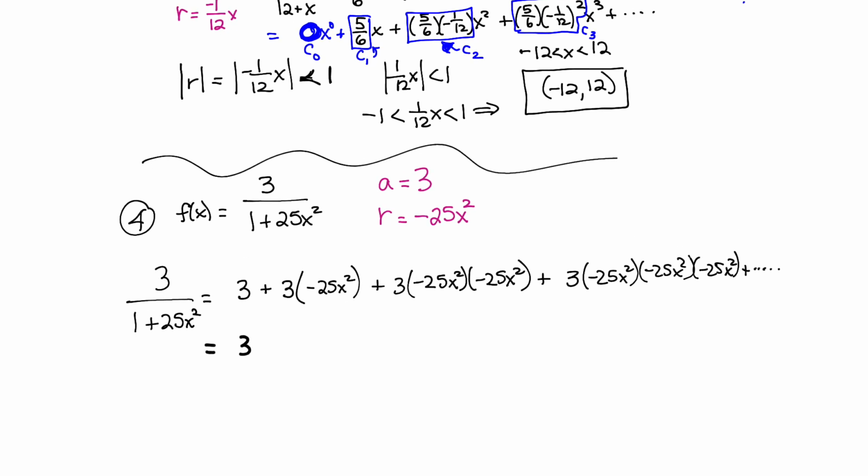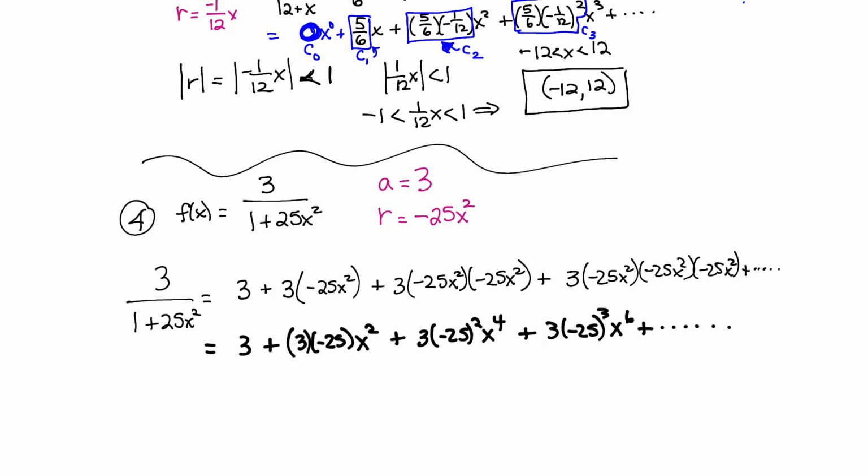So the polynomial becomes 3 plus, and then you have what? 3 times negative 25 x to the second, plus 3 times negative 25 squared x to the fourth, plus 3 times negative 25 cubed times x to the sixth.